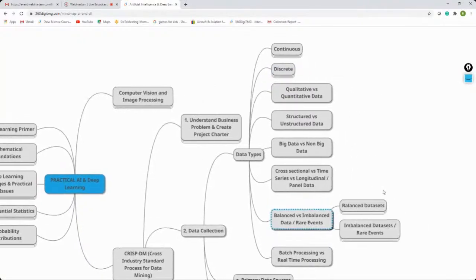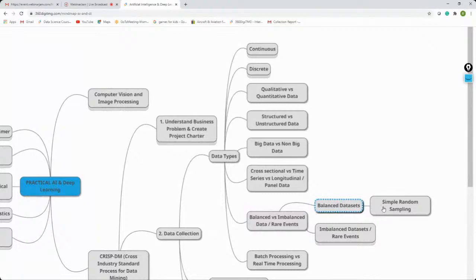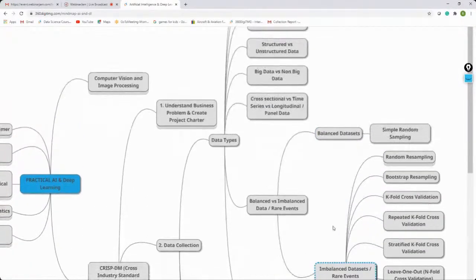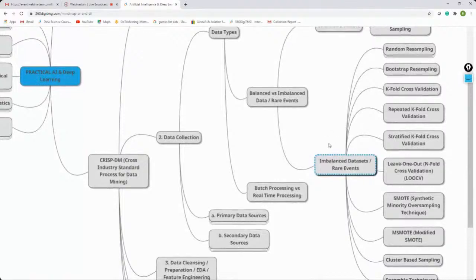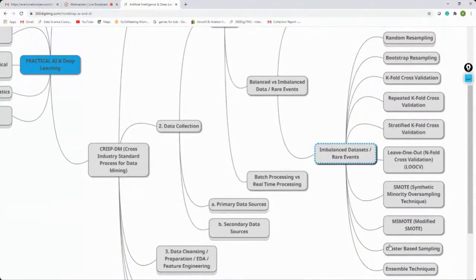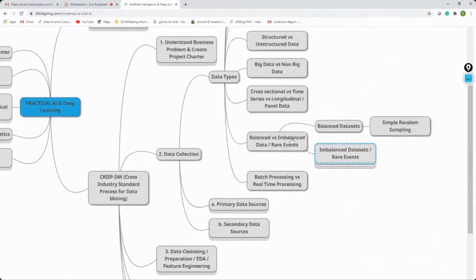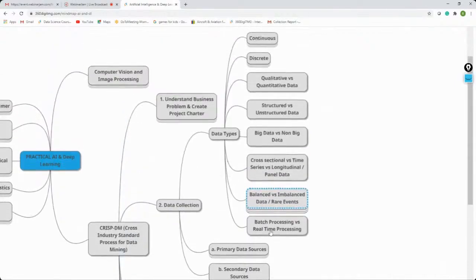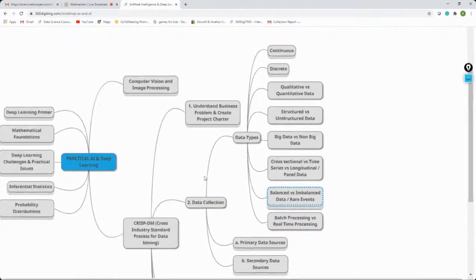If you have balanced data sets, you can simply apply simple random sampling. If you have imbalanced data sets, you can apply any of these techniques. And then you have batch processing versus real-time processing.